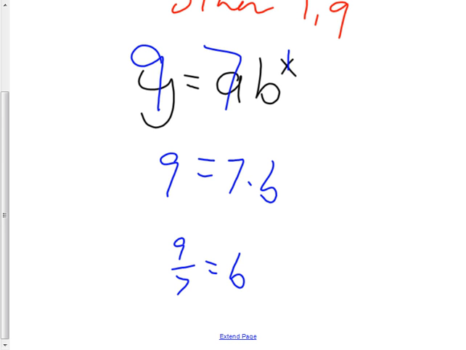Well, the point is to get an equation. That's not an equation, that's an answer. The equation should look like this. Y equals, and then a b to the x. But we know a 7 times b to the x. There we go. That's our equation. It would have a start value here, and it would go through that other point.